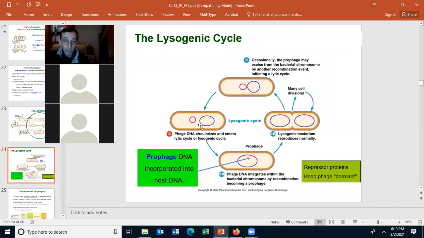I will mention that there is one thing that they do know will cause the switch, and that is if you damage the DNA of this cell, the virus frequently, if not always, will switch to the lytic life cycle, because the virus knows the DNA has been damaged and that this cell may die, and so it enters the lytic life cycle. But other than that, why the switch happens is not well understood.